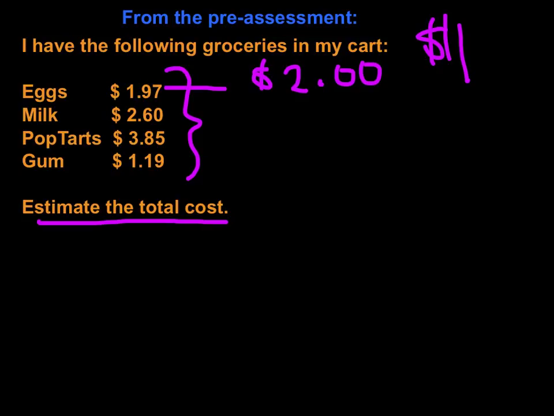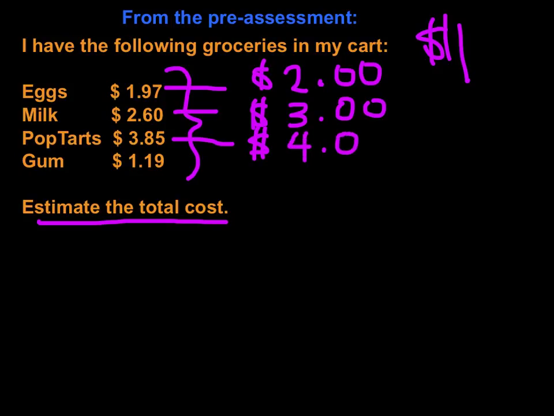Rounding up to $2. Milk, it's $2.60. I'm going to round that number up to $3. Pop-Tarts, $3.85. Again, I'm going to round up to $4.